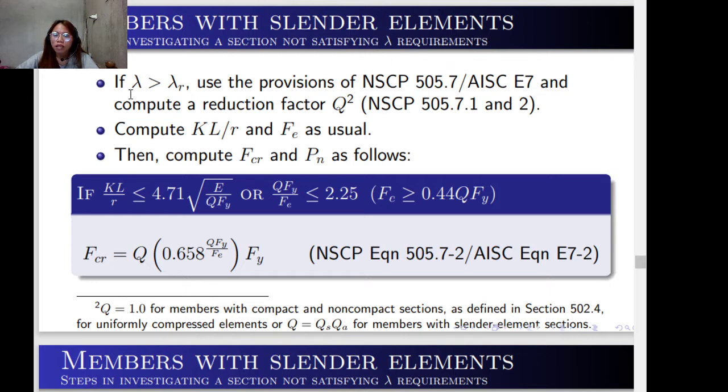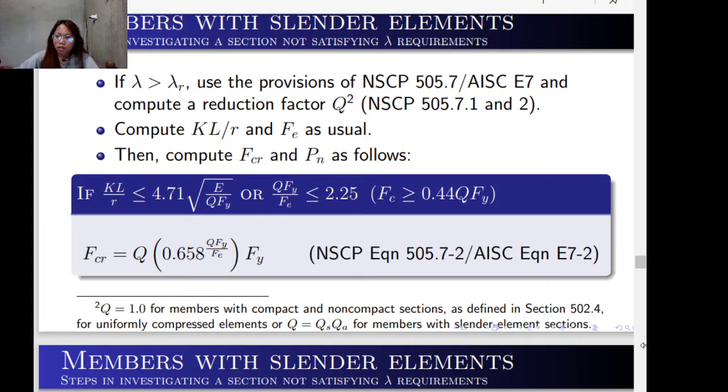So if the width to thickness ratio is greater than this lambda sub r, this is for a non-compact width to thickness ratio, use the provisions of the NSCP 505.7 or AISC E7 and compute the reduction factor Q. This is not squared but only Q.